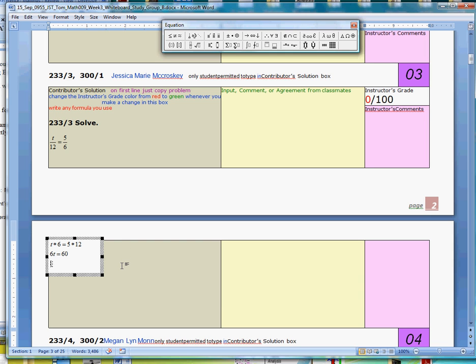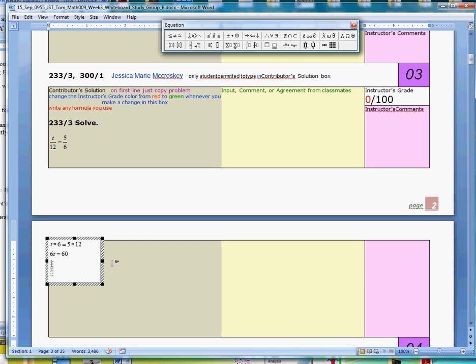And in the next line, I'm going to write a statement that I really don't need, but I'm putting it in for the clarity of my study group's mates, in case they're not really sure what I'm doing at this point. So I invoke another fraction. On the top, I have 6t. On the bottom, a 6, a right arrow to clear the fraction, equals, and then another fraction with a 60 on the top, and on the bottom, the same 6, the right arrow to clear the fraction.